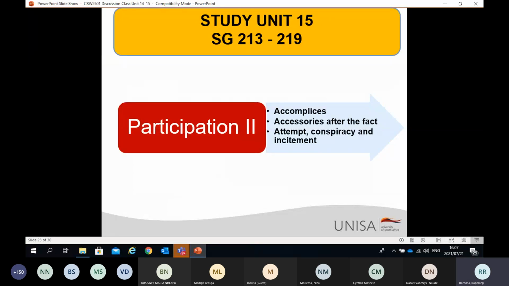Now, study unit 15 deals with accomplice and accessory after the fact. We have briefly introduced you to the definition of an accomplice in study unit 14, so I will not delve much into that.